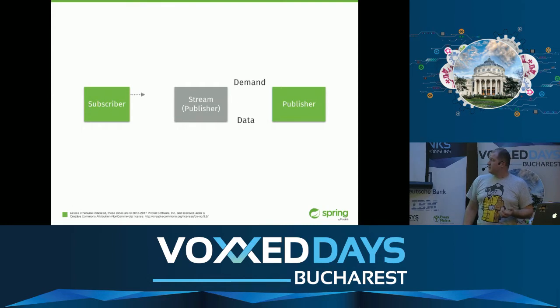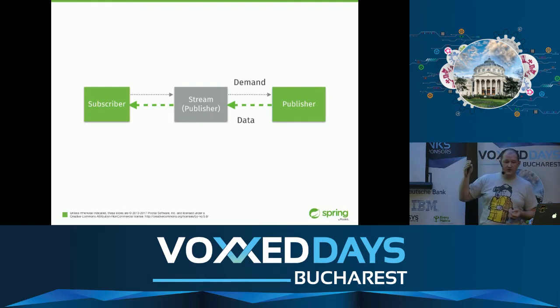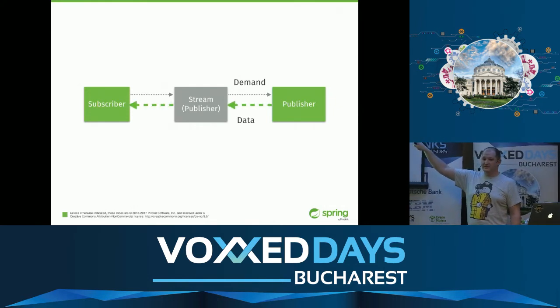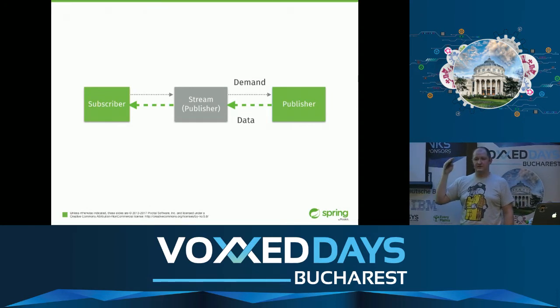What happens is, in your application, you set up the stream, you notify the publisher that you are interested in receiving data, and as soon as data is available, the publisher publishes the data. And because this animation is so cool, I have to replay it once again. So you see, the upper part is very, very small, very slick. It does not block the thread until the data is received, but it notifies the publisher, hey, I'm interested in receiving data, please submit me data.